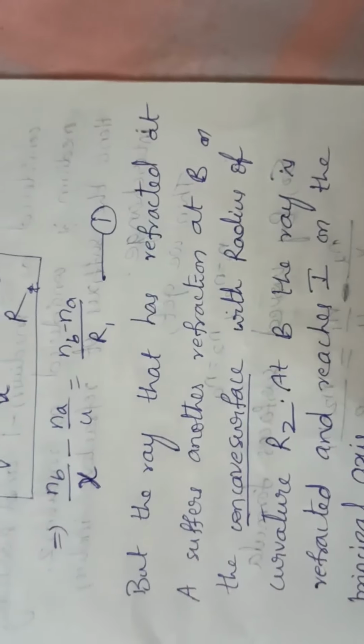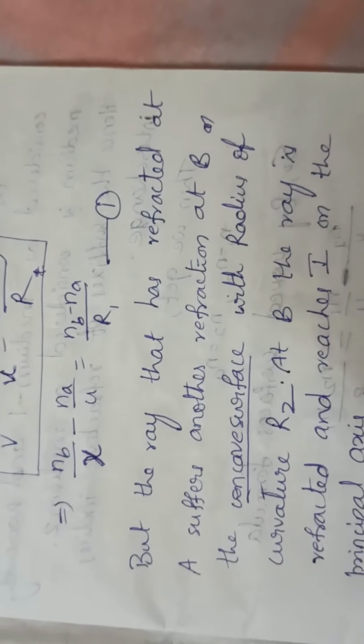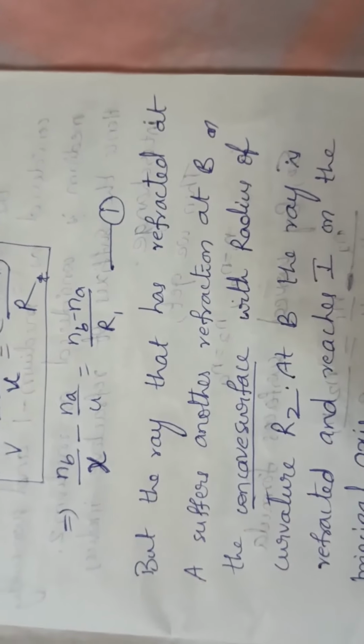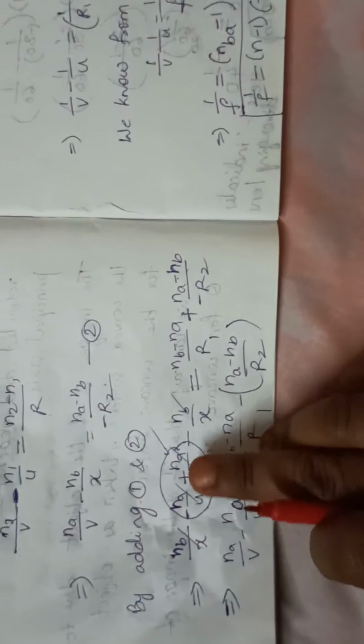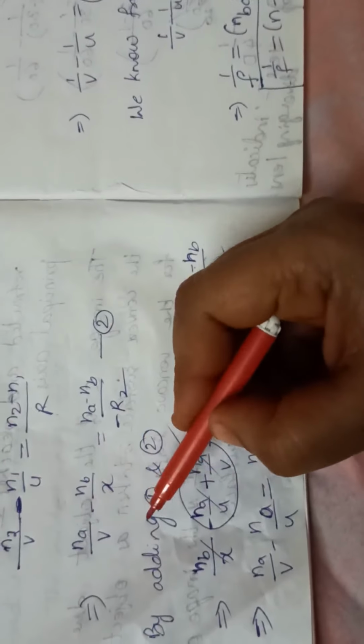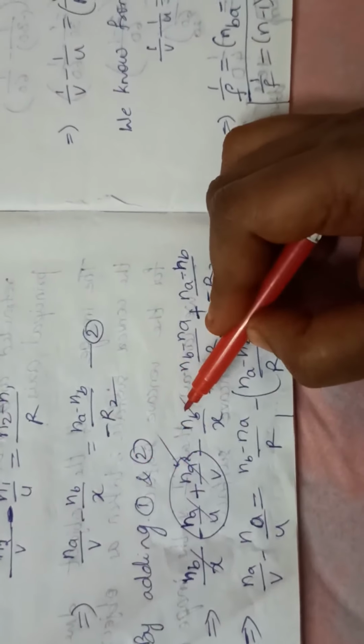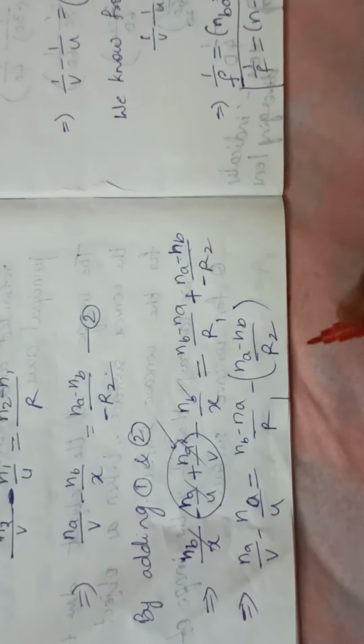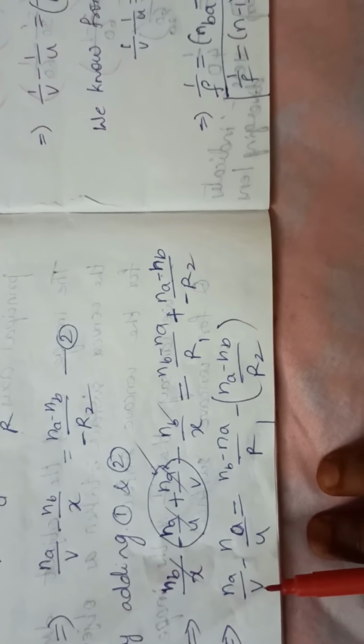So by adding equations 1 and 2, here we have Nb by X minus Na by U. Left hand side I am adding first: Nb by X minus Na by U plus, from equation number 2, Na by V minus Nb by X. Just add these two values.